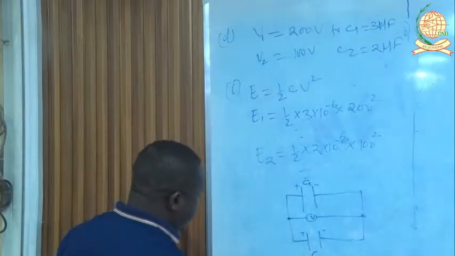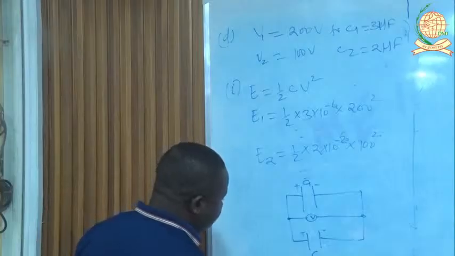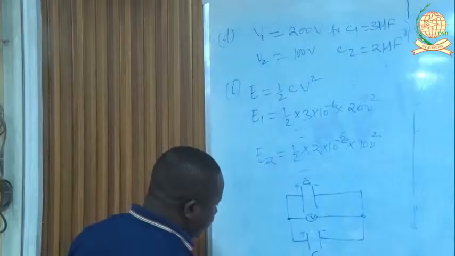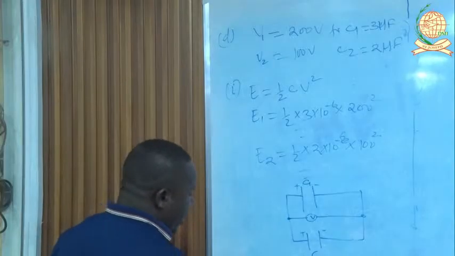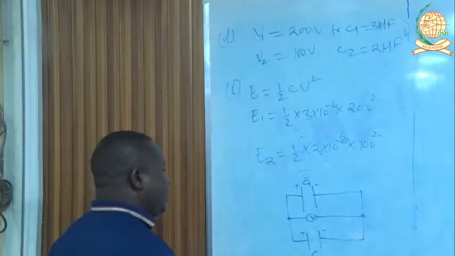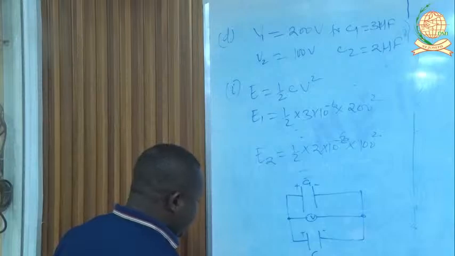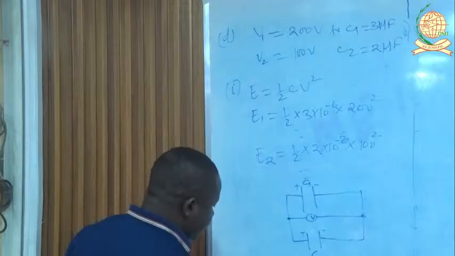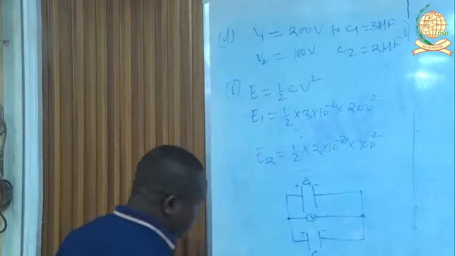So Q initial was the Q of the first capacitor plus Q of the second capacitor, which is equal to C1 V1 plus C2 V2. And then after connecting, the Q final is equal to Q1 dash plus Q2 dash.